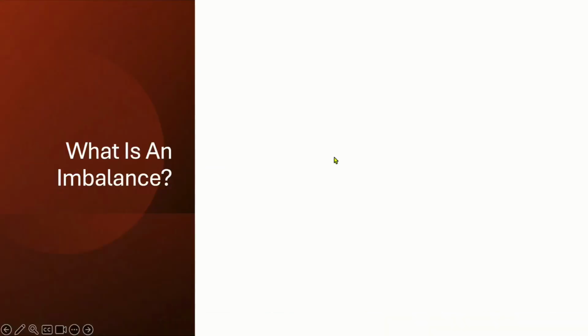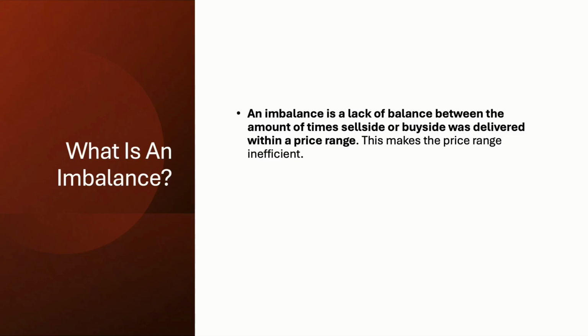What is an imbalance? An imbalance is a lack of balance between the amount of times sell side or buy side was delivered within a price range. This makes the price range inefficient. The reason why it's very important to know when a price range is inefficient is due to the following.